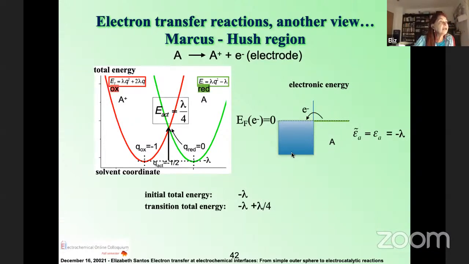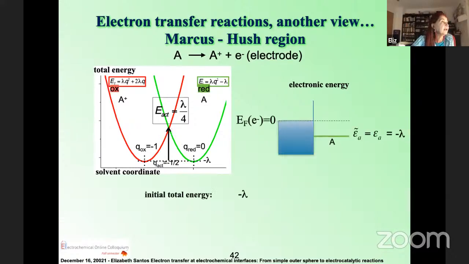When the system goes to the transition state, it starts to be charged, and then here we go from the electronic energy to lambda. But because the solvation of the charge increases, the activation energy is less than lambda.